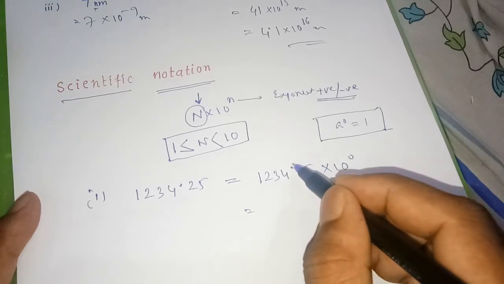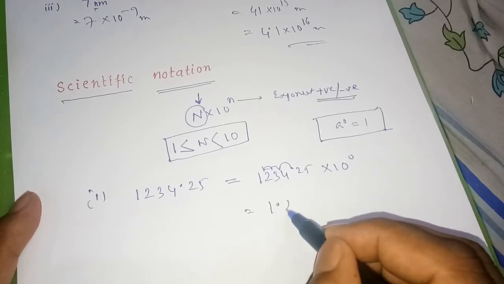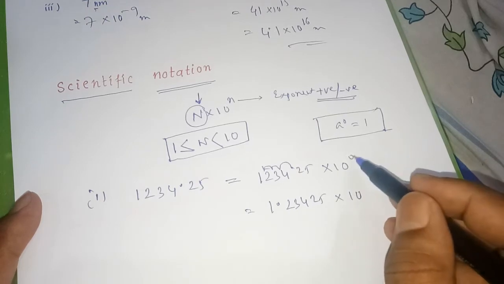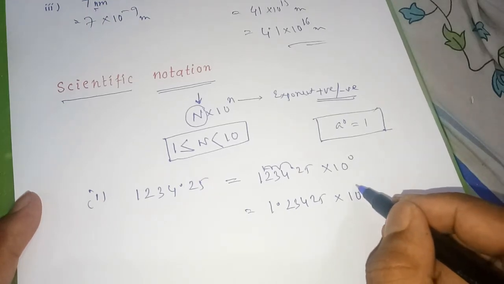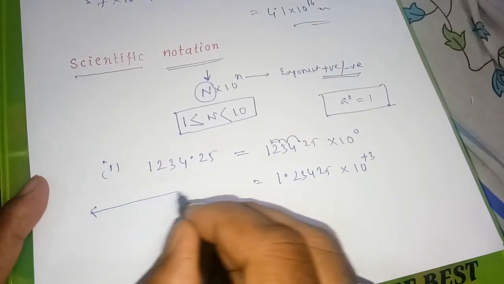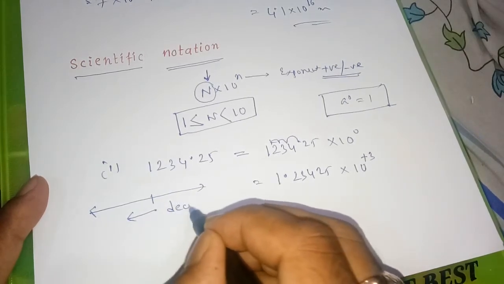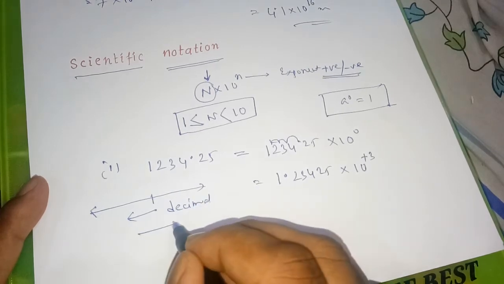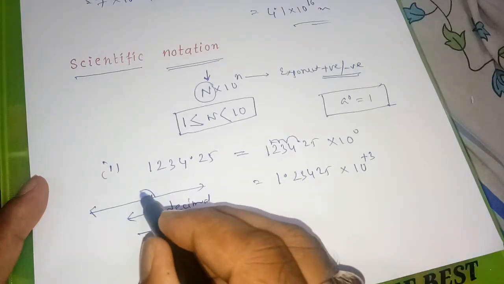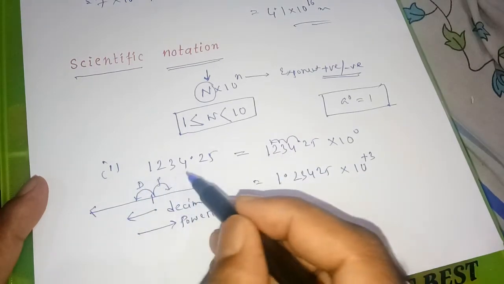Now if I shift the decimal point 1 place, 2 place, 3 place towards left, so 3 places I shift, so this one shift 3 places towards right, so 10 to the power plus 3. So what we can conclude is that if your decimal moves in that side, your power moves in right side. If the decimal moves towards left side 1, power moves towards right side 1. So this is your decimal, this is your power.